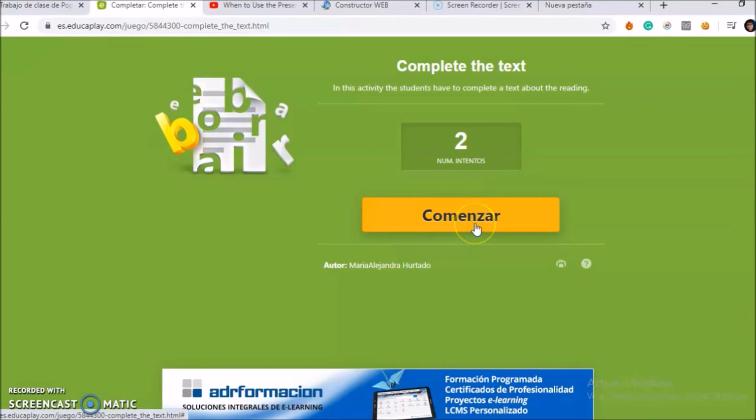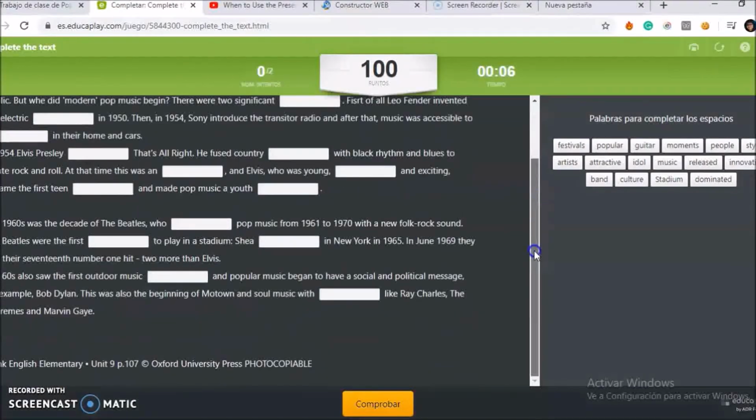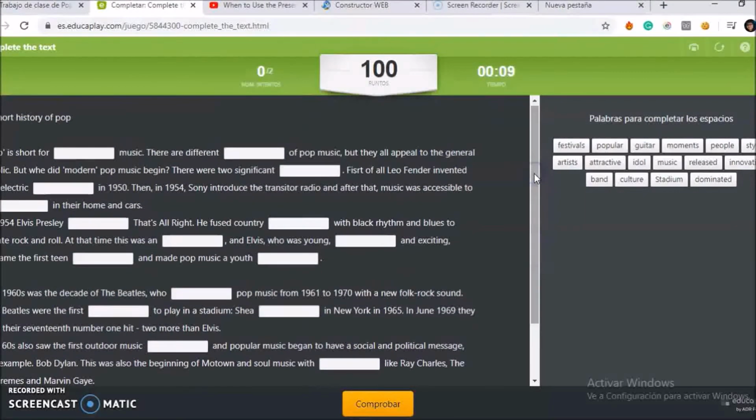So this is the activity. In this part, they have a fragment of the reading, and they have to put the correct words according with the reading. So it's very entertaining and very useful for them, because they can learn new vocabulary and have present the learning process.